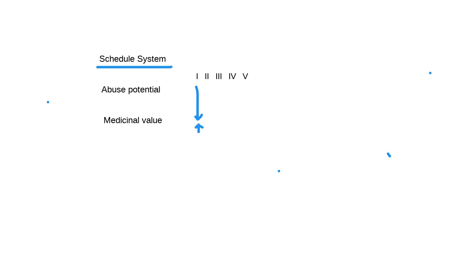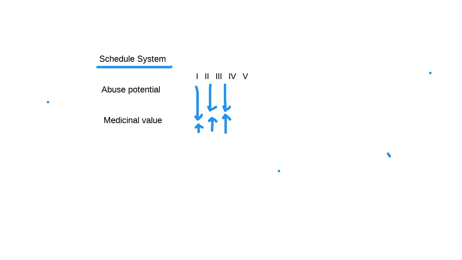Okay. 2s have the next greatest abuse potential and a little bit more medicinal value. 3s have about equal abuse potential and medicinal value.